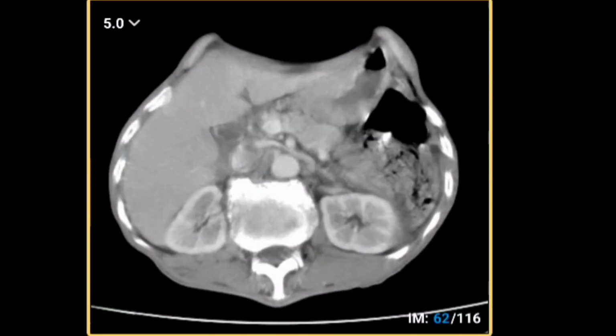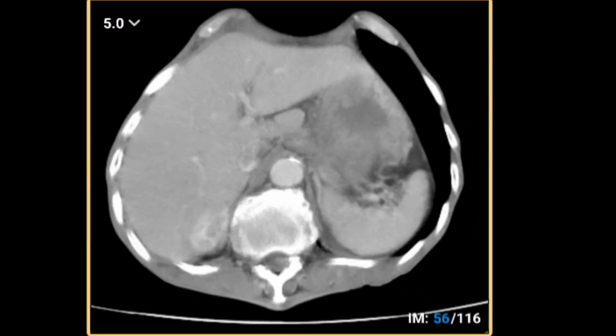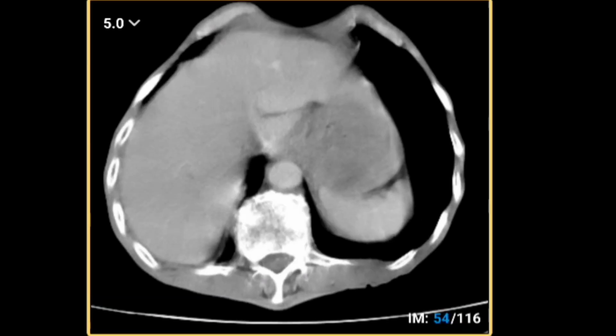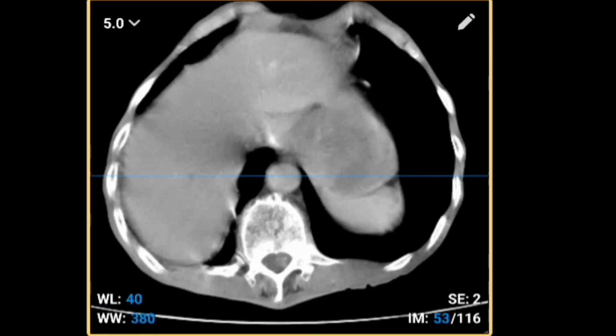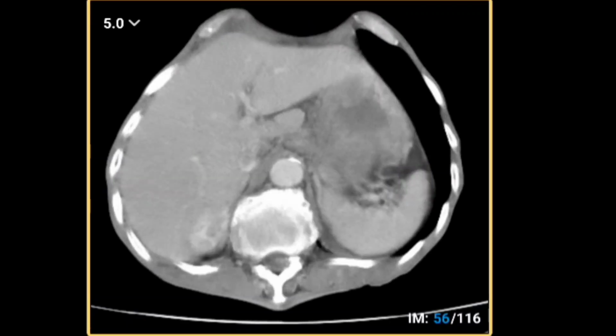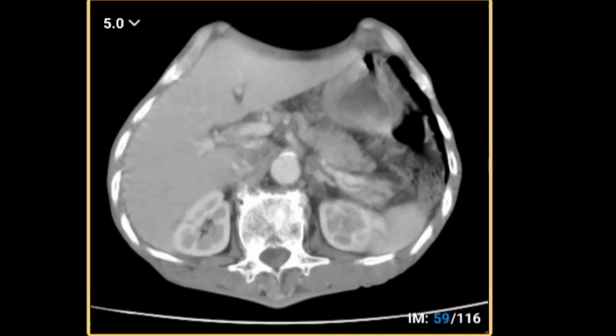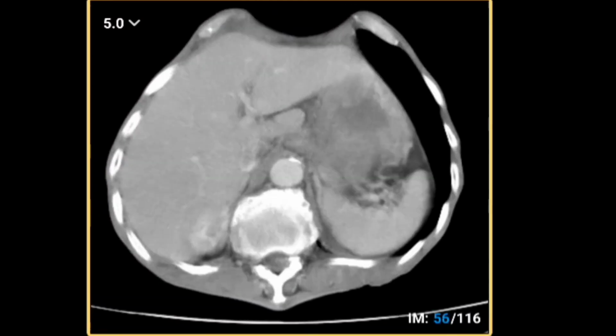If you go down, you can appreciate along the greater curvature and along the body of the pancreas there is fat stranding, and perigastric inflammatory stranding is also seen. A few lymph nodes can be seen there.